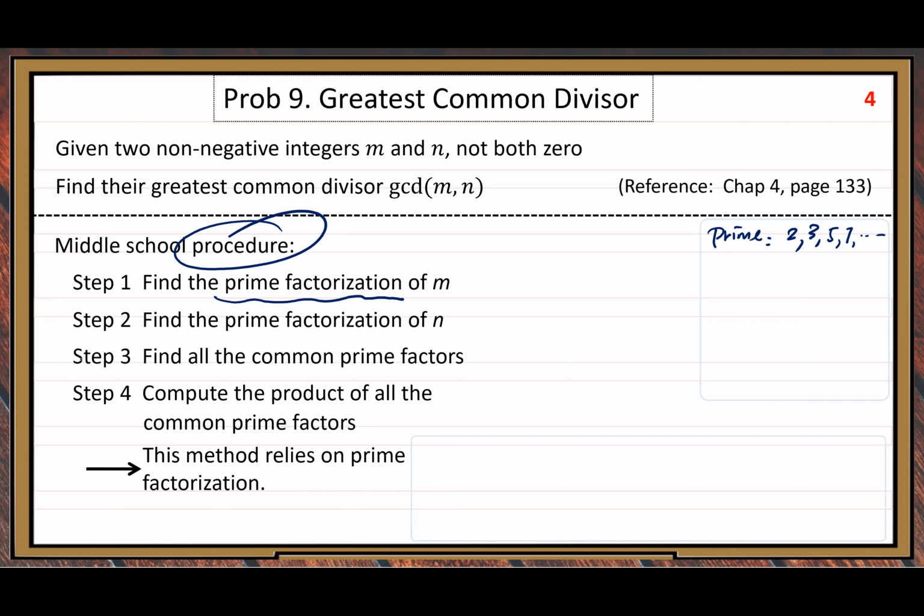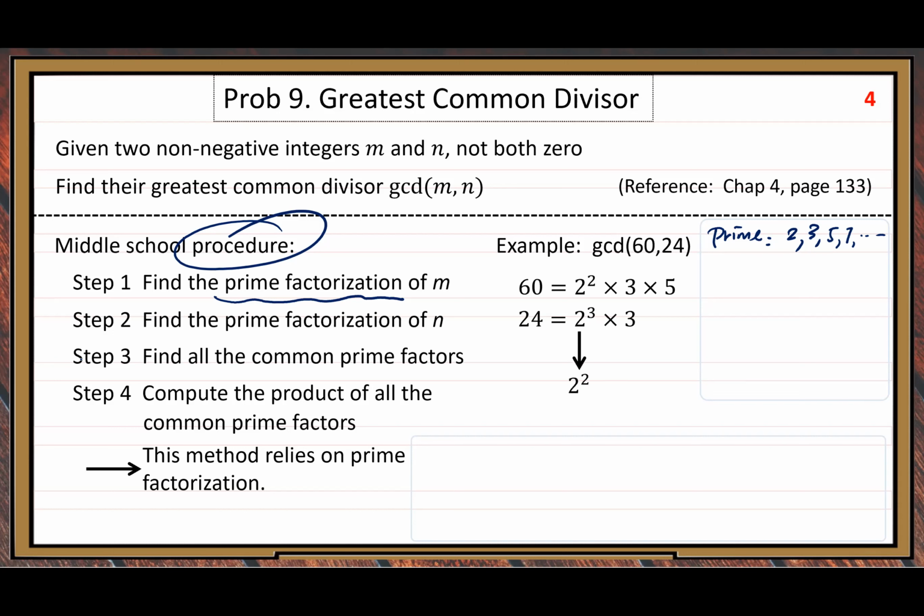Let us do a simple example here, GCD of 60 and 24. First, let us do prime factorization. 60 equals 2 squared times 3 times 5. 24 equals 2 cubed times 3. Then let us do observation to get the largest power of prime common factor.